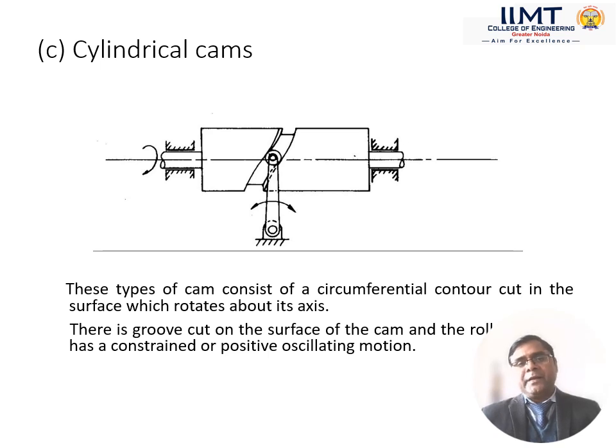In this type of cam, the circumference of the cylinder is the working surface, with the groove cut circumferentially, and the roller follower is fixed in this groove. So positive oscillating motion is obtained in this type of cam and follower arrangement.